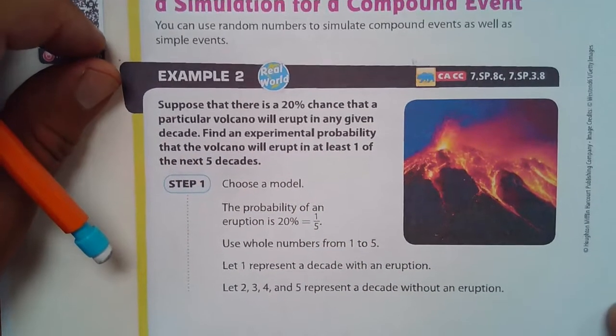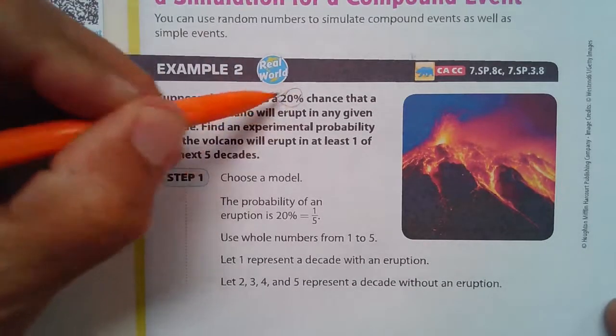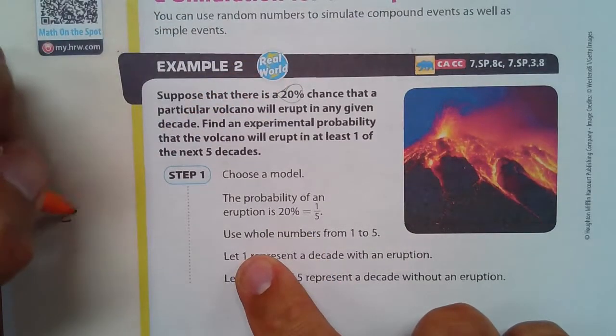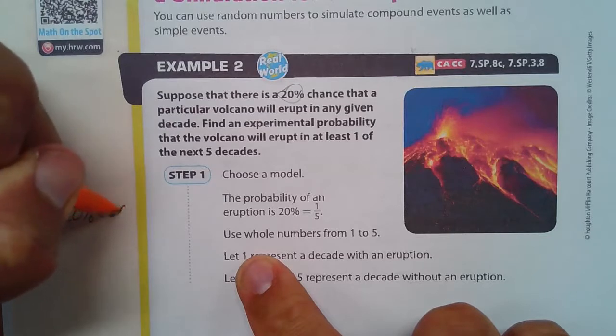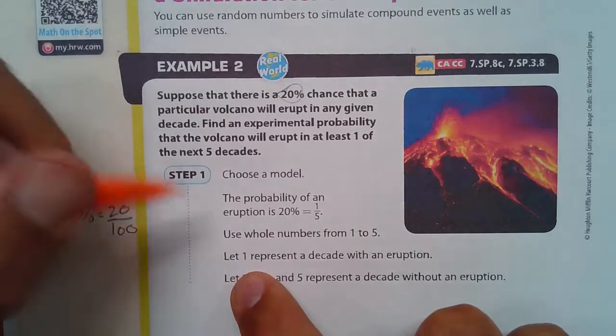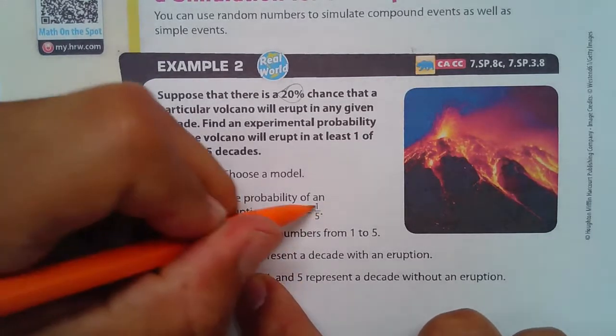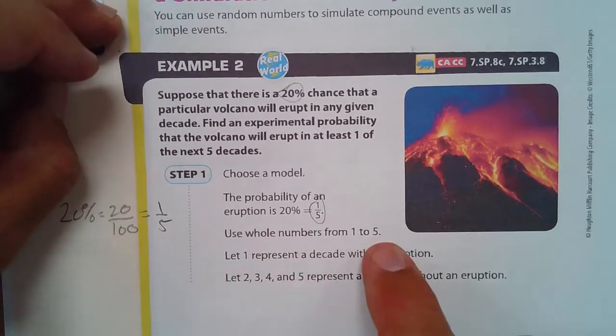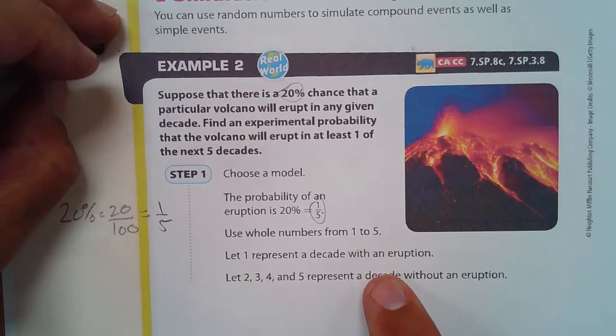Well, you can choose a model first. That 20% is 20 out of 100, which is equal to 1/5. So that's where they get the 1/5 from. Use whole numbers 1 through 5. Let 1 represent a decade with an eruption.